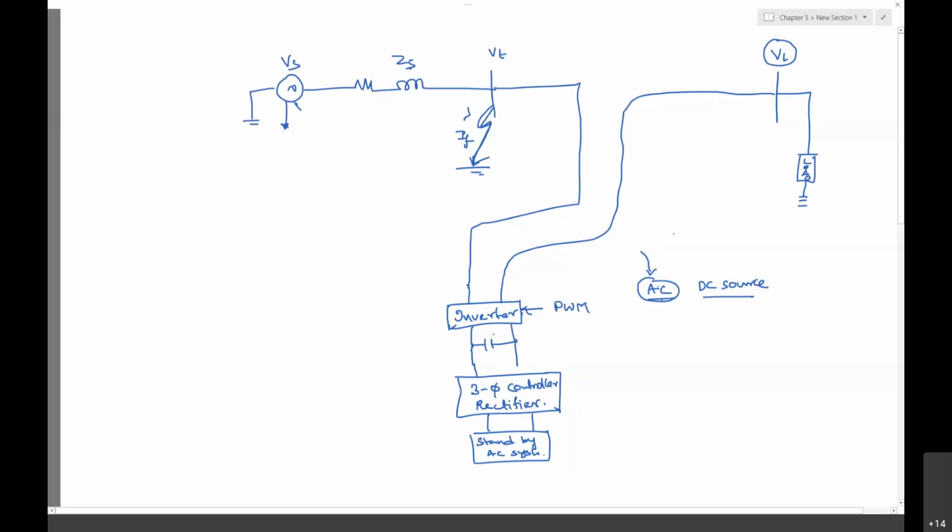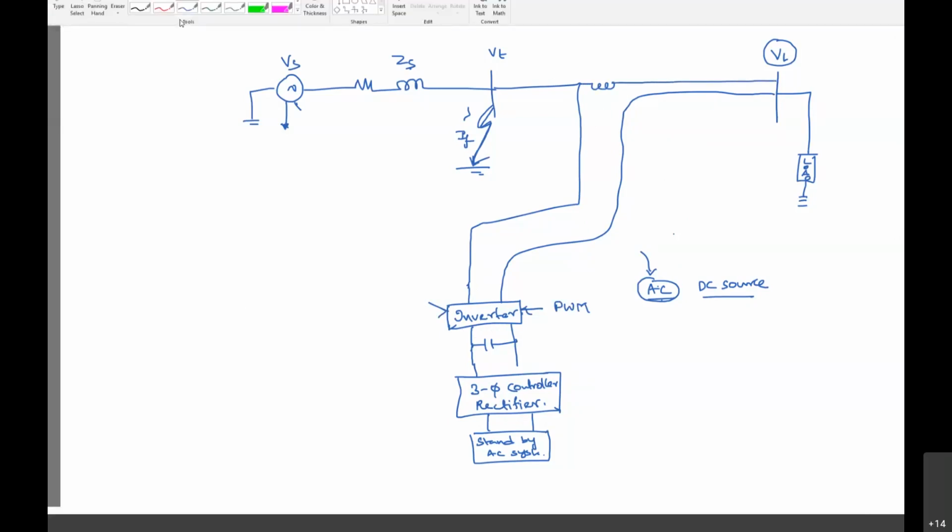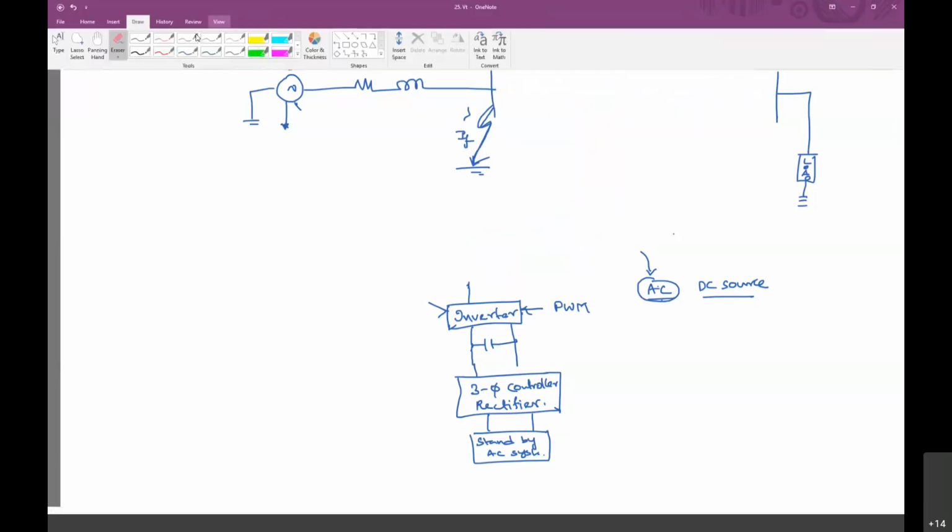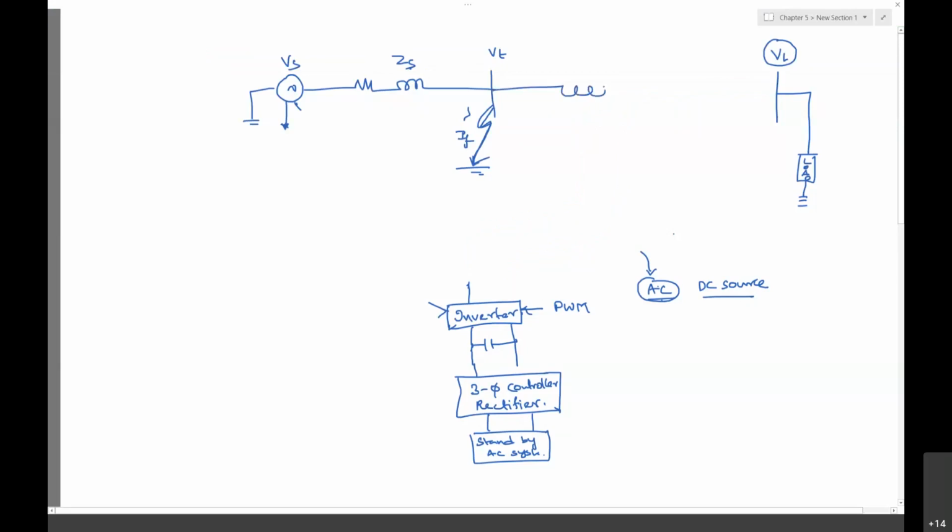In order to have isolation from this inverter to the AC system, we go for a transformer at this particular point. We have not drawn it properly. Here is the transformer.